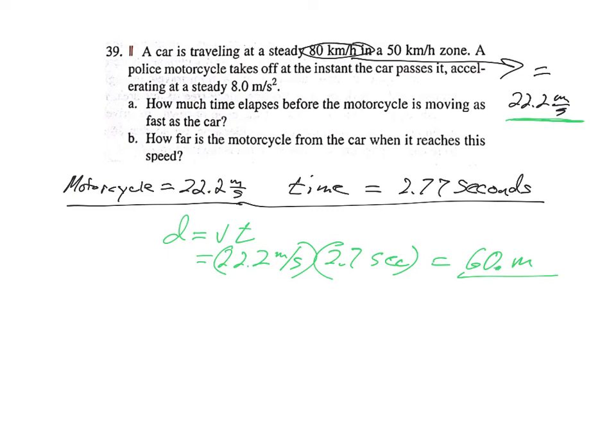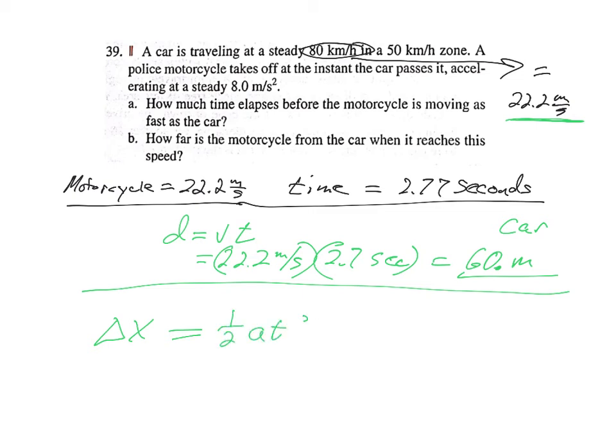60 meters. Now, we have to find out how far the police motorcycle went in that same amount of time. The motorcycle's accelerating, so we can't use that. This is the car. The car went 60 meters. So I believe, since he started from rest and we don't care where 0 is, this just turns into 1/2 a t squared.